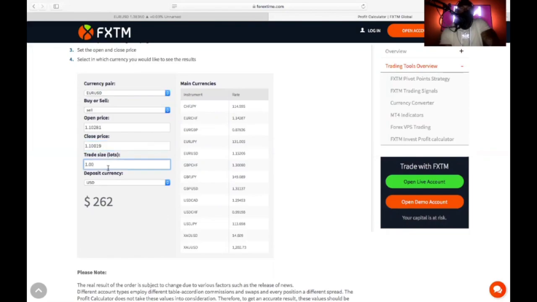We're gonna leave the trade size at $1.00. I like to trade standard, so I would have made $260 off that 30 pip trade setup right there. That's $260. Smaller accounts, 0.10, $26. 50-cent lot size, $130. All right, that's good money.